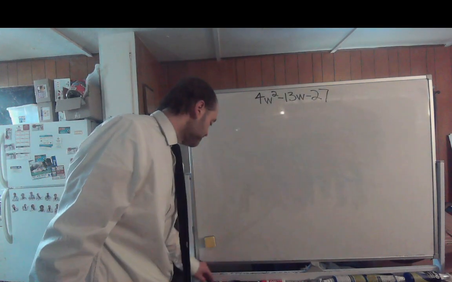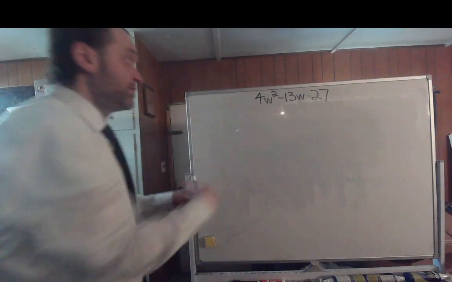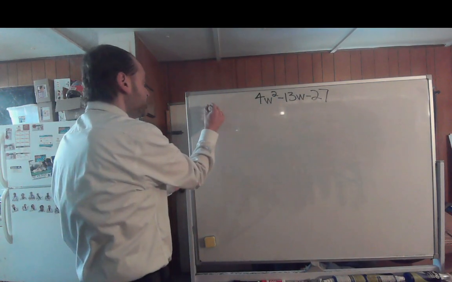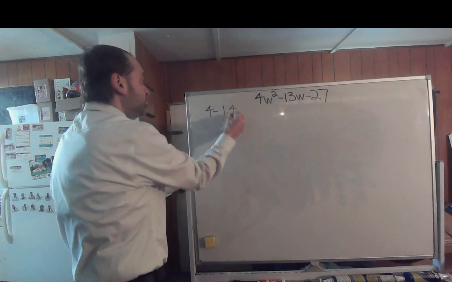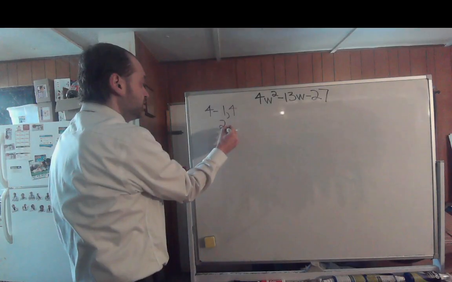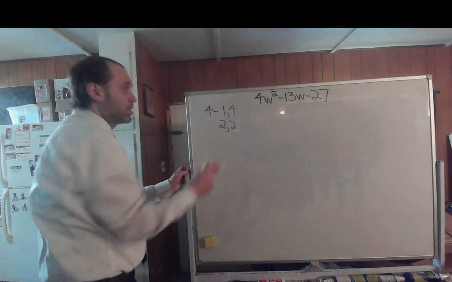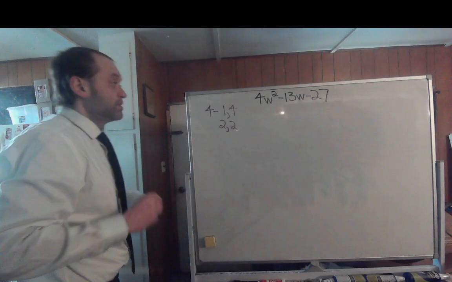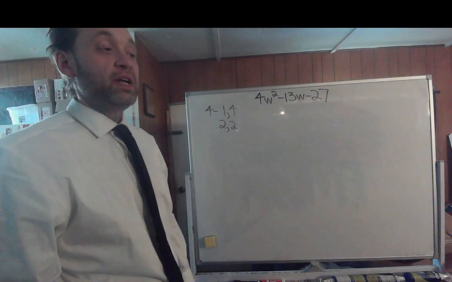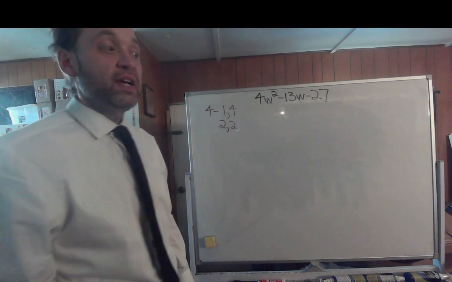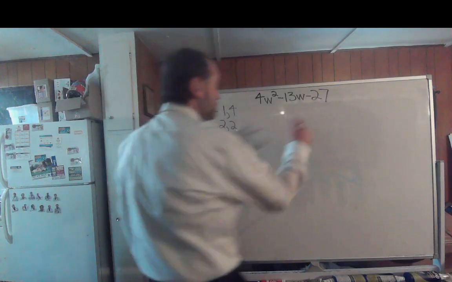So let's start with factors of 4 on the w squared. So 4, of course you have 1 and 4, but you also have 2 and 2. Those are the only other factors of 4. Now, the constant term is negative 27. Since it's negative, we need to find a set of positive and negative factors for it.